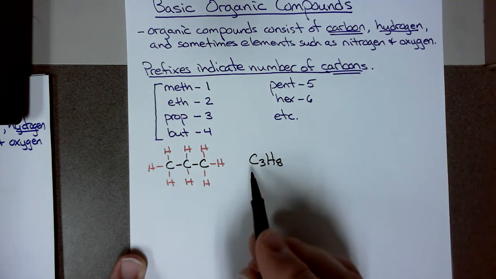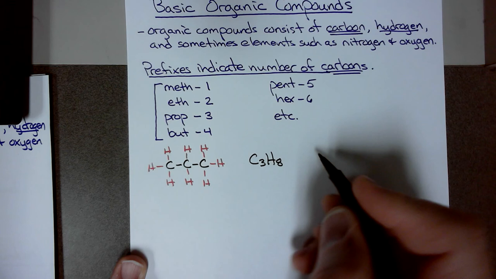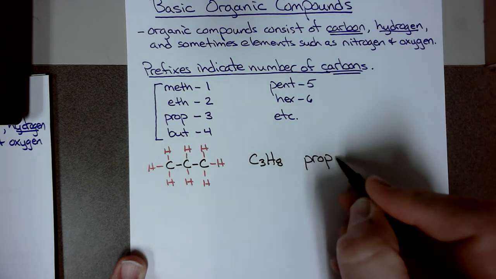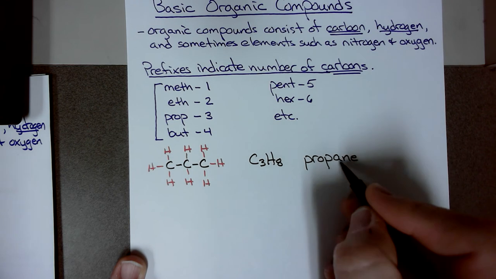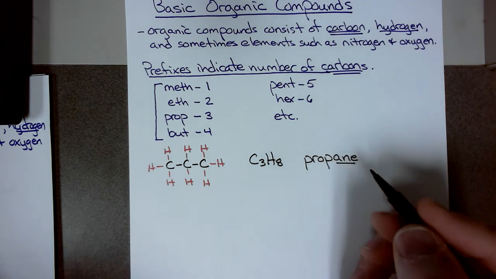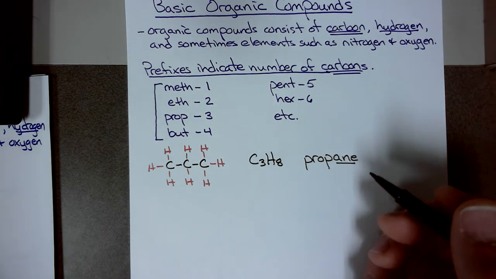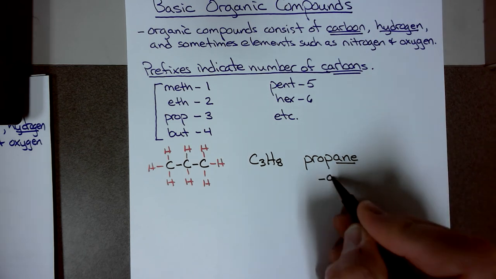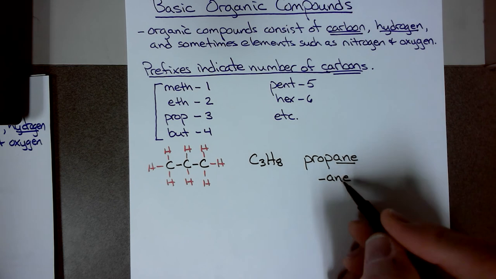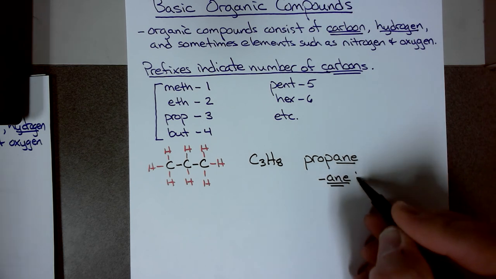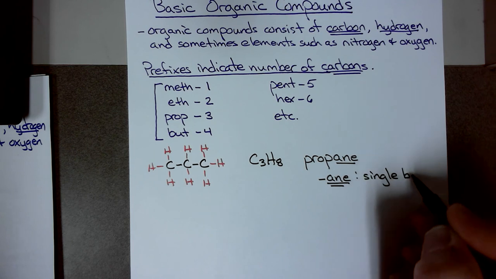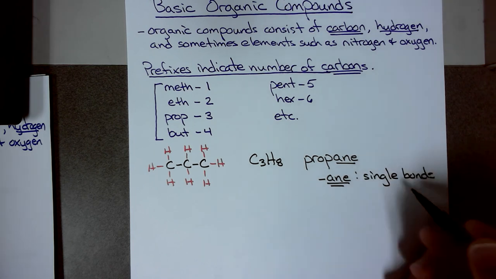And we would name it, because there's 3 carbons, we would use prop, and then propane. Ane, this last part right here, means single bonds, carbons with single bonds. So when it ends in ane, if you have that ending, what we mean is single bonds between carbons.